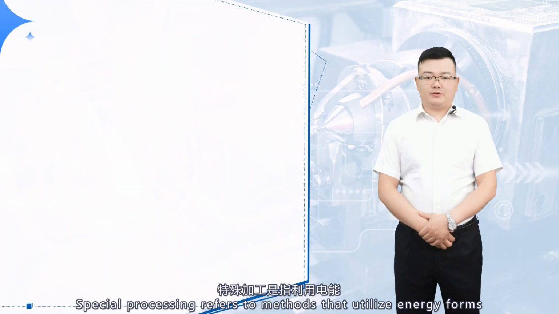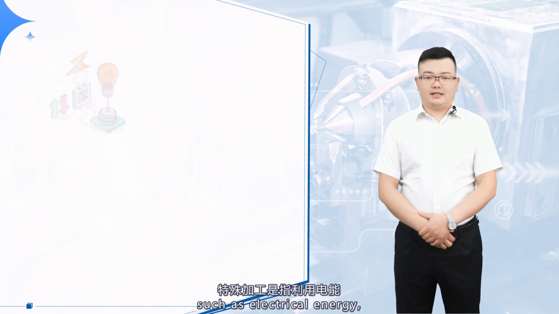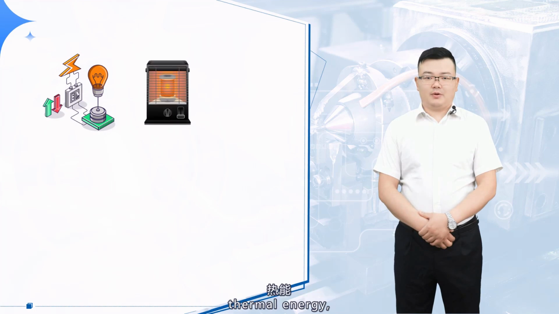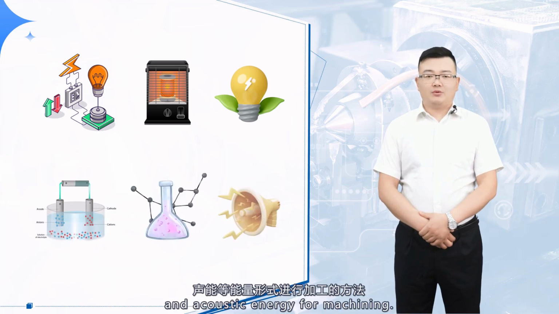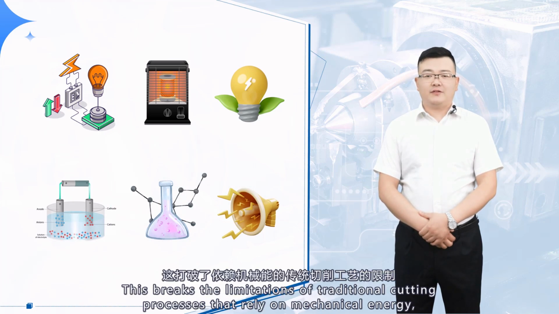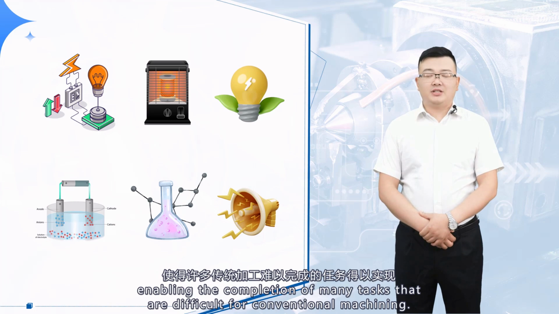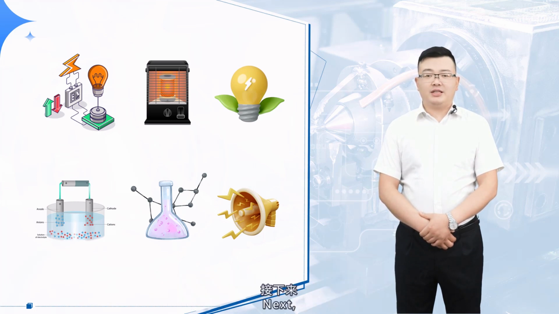Special processing refers to methods that utilize energy forms such as electrical energy, thermal energy, light energy, electrochemical energy, chemical energy, and acoustic energy for machining. This breaks the limitations of traditional cutting processes that rely on mechanical energy, enabling the completion of many tasks that are difficult for conventional machining.